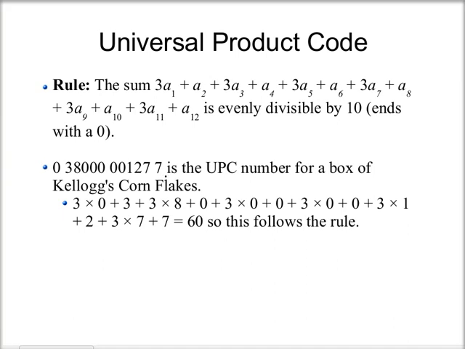So this UPC number that we saw before, 038000000127, is in fact the UPC number for a box of Kellogg's Corn Flakes. So we can see that if I take this weighted sum where I'm multiplying every other digit by 3 and add those all up, that's going to equal 60, which is evenly divisible by 10, so that follows the rule for the UPC code.